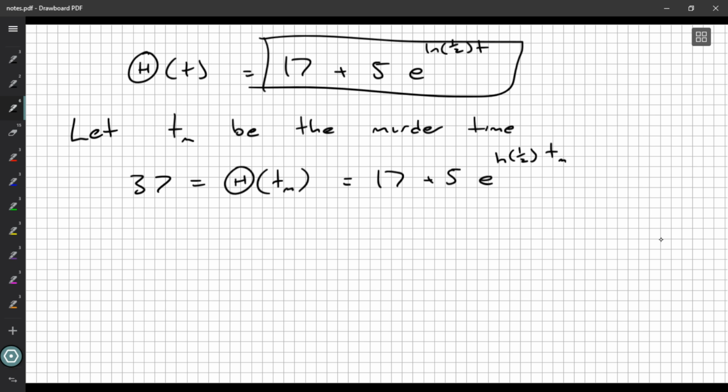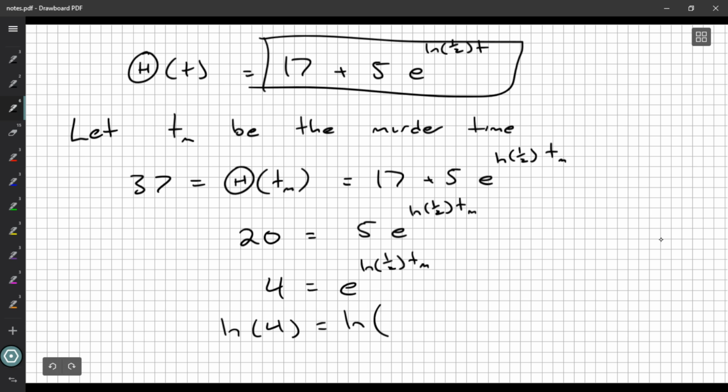So subtract 17 from both sides. Divide by 5. What can we do here? Well, we could apply ln to both sides. So ln 4 is going to be ln of e to the ln 1/2 Tm, except the e and the ln cancel out.